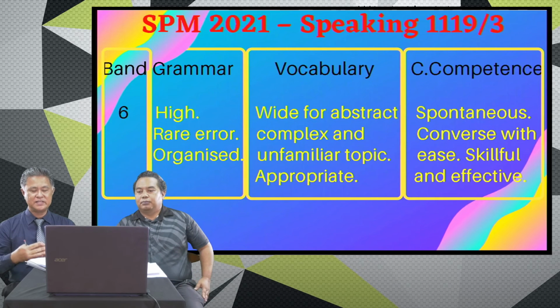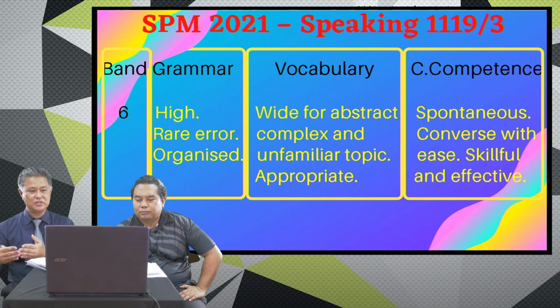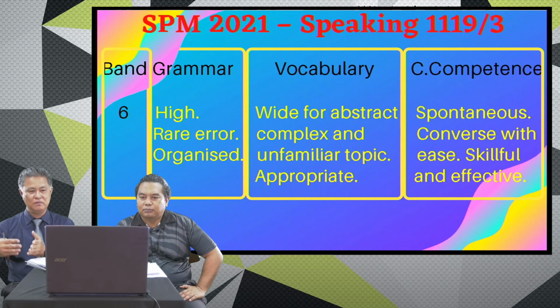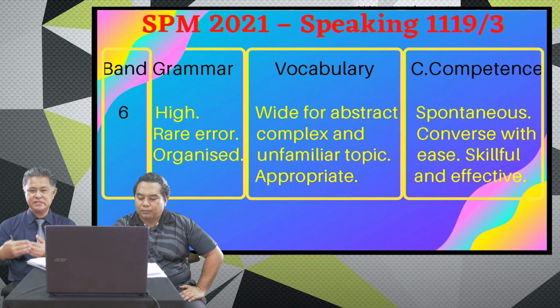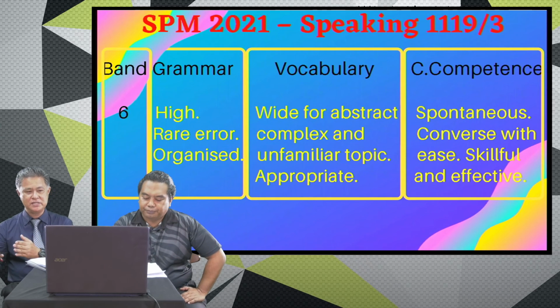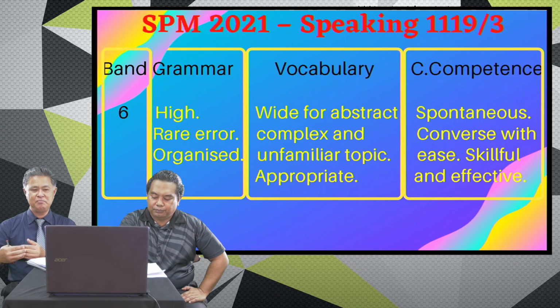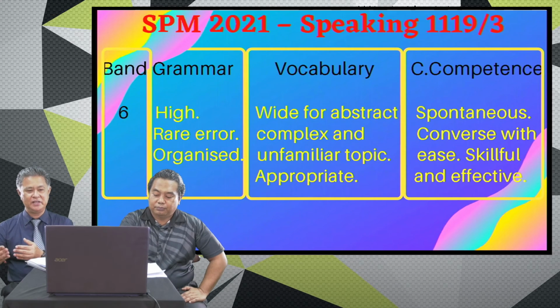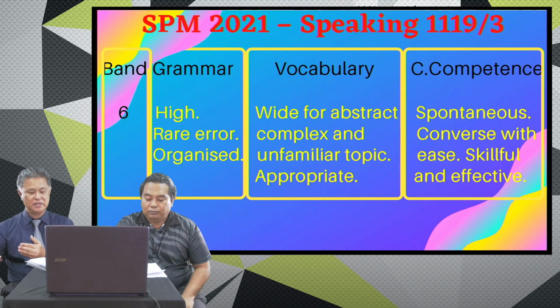The assessor is going to assess analytical items: the components grammar, vocabulary, and communicative competence. Each component is marked from 1 to 6, 1 being the lowest and 6 being the highest.